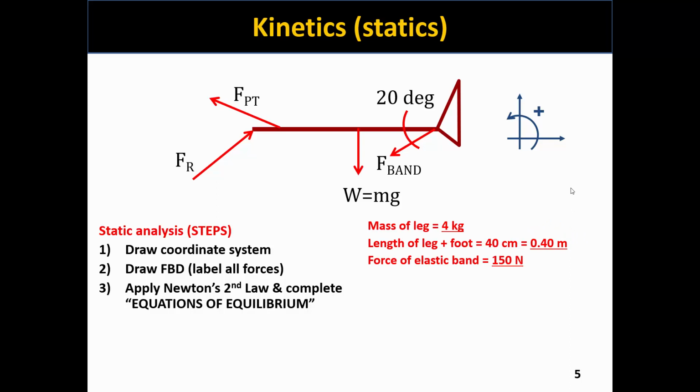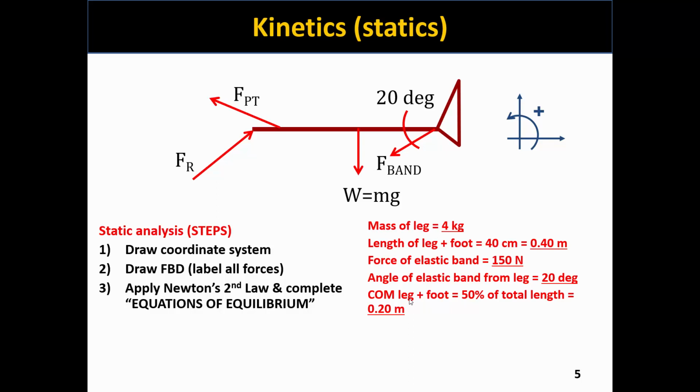The force coming through the elastic band was measured and is determined to be 150 newtons, and that forms, as indicated on the diagram, a 20-degree angle from the lower leg. The COM is the center of mass, and that's the point where we estimate the weight is concentrated for the lower leg and foot, or rather, around this point the weight is distributed.